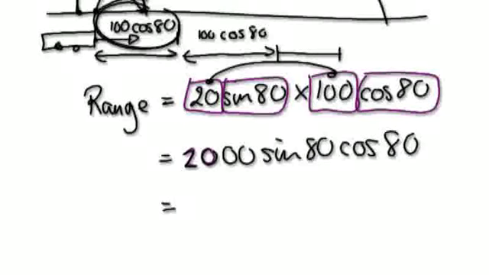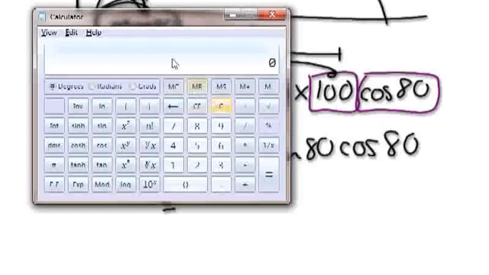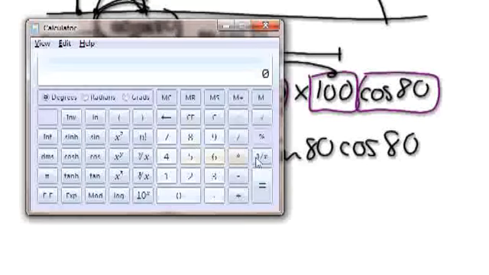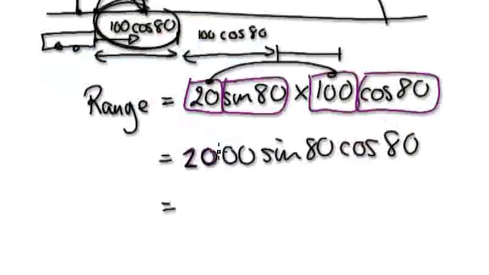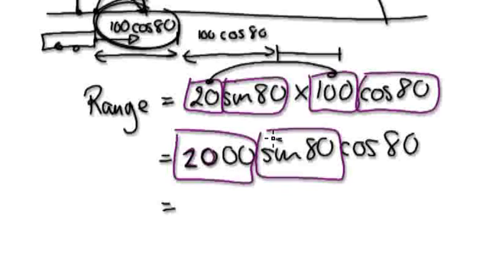Now jump to your calculator. Do it whichever way you want. It's basically this times this, because sine 80 is just a number and cos 80 is just a number.